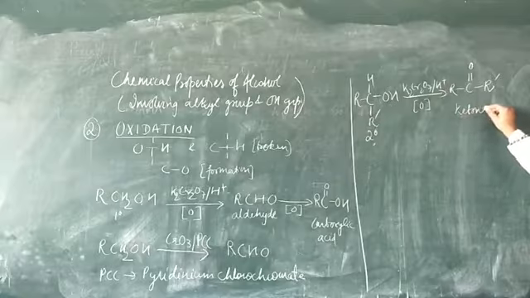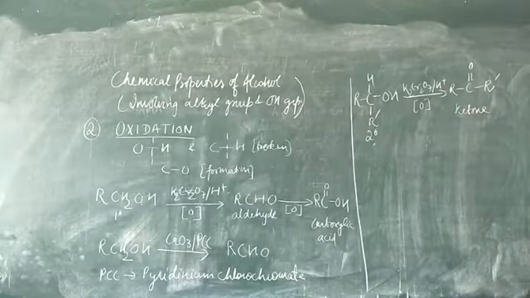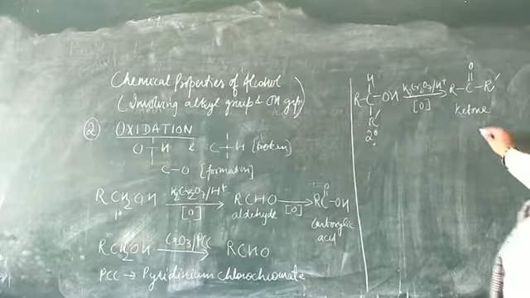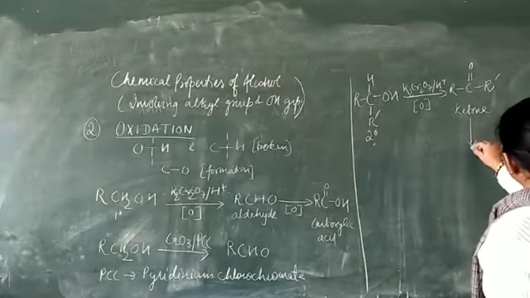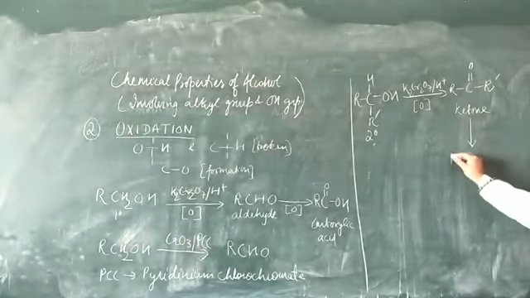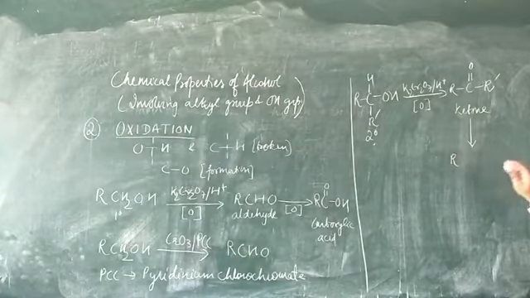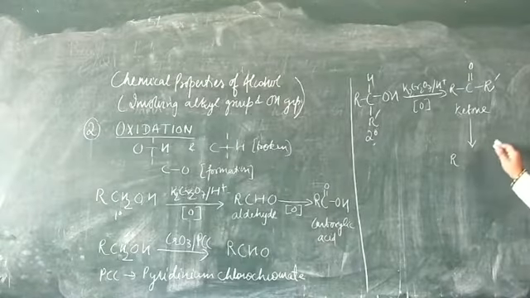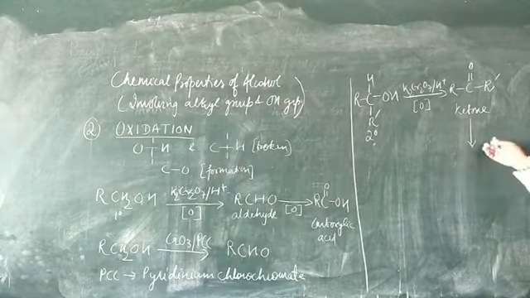A ketone is formed. And this ketone will further undergo change and it will change into carboxylic acid. We will get a mixture of carboxylic acids formed here.